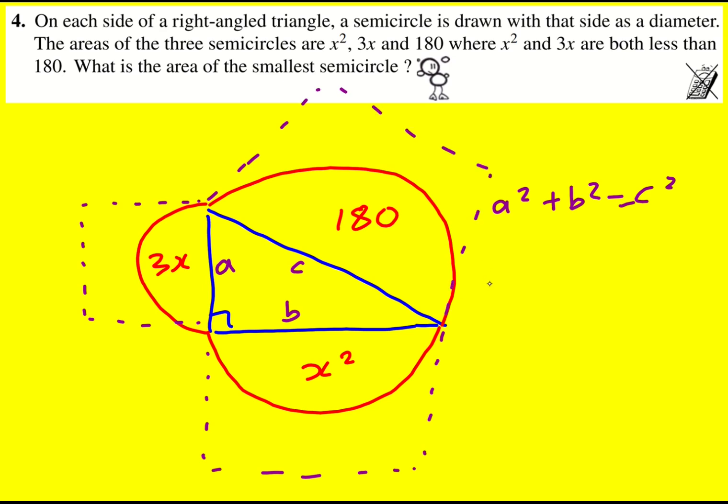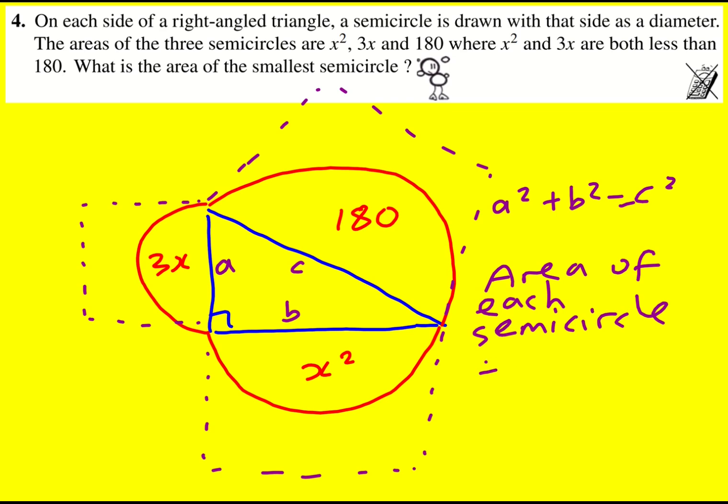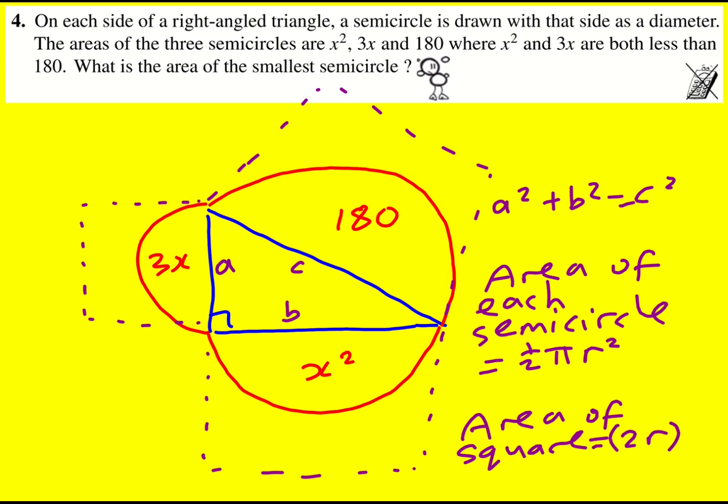But the area of the semicircle will equal a half pi r squared, and the area of each square, if r is the radius, then the side of the square will be 2r, so the area is 4r squared.